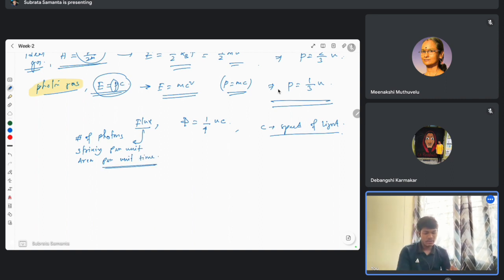This is the right way to say it. The number of photons striking per unit area per unit time to the wall is the flux. And this flux is 1/4 n c.